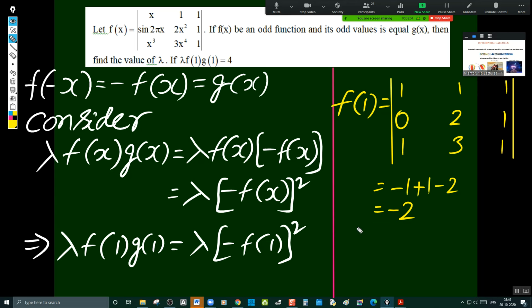Sir, that minus will come out. Lambda into minus f of 1 whole square is given to be 4. What is that you're saying, Ved? Sir, no, that minus, because you wrote it in the bracket. Oh, you're right, beta. You're right.